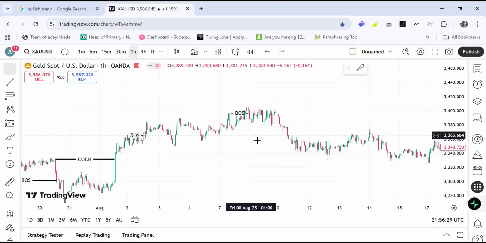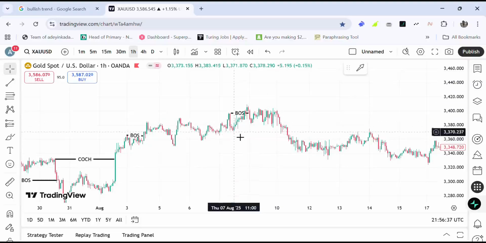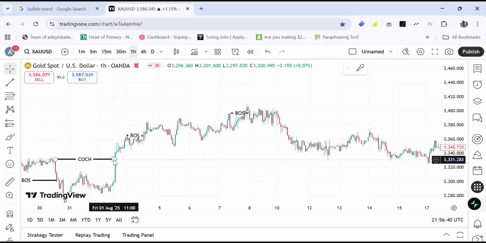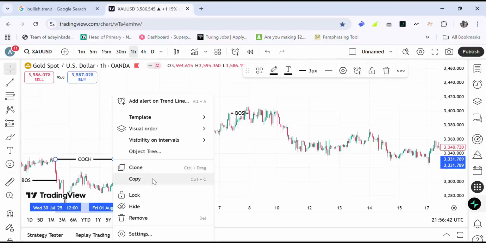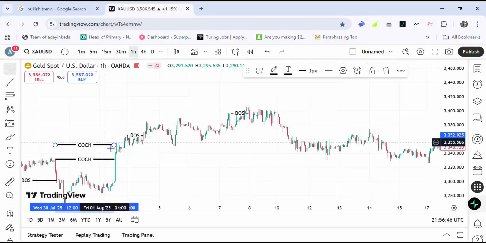So what we now have, the market is supposed to continue pushing to the upside, but long run, the market changed trend at this point. So we can call this place a change of character, right?